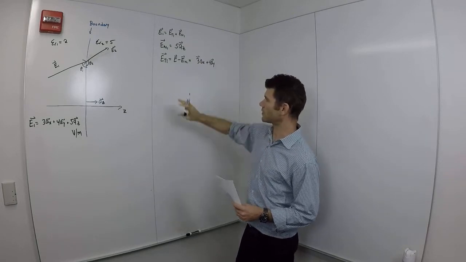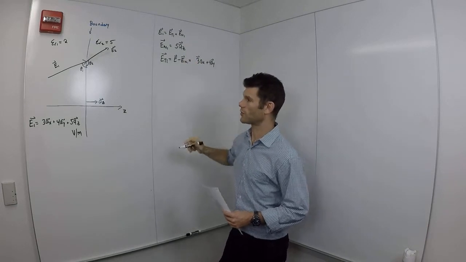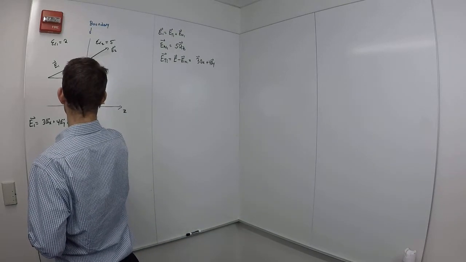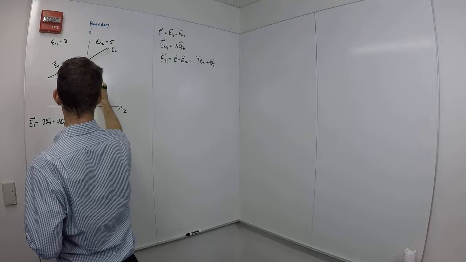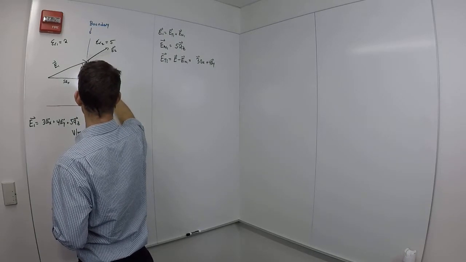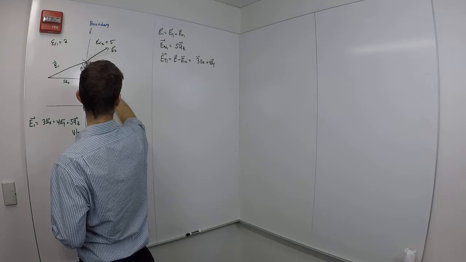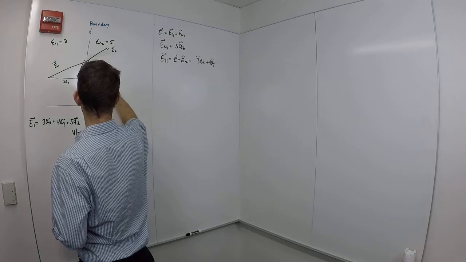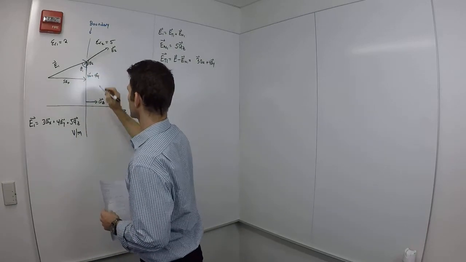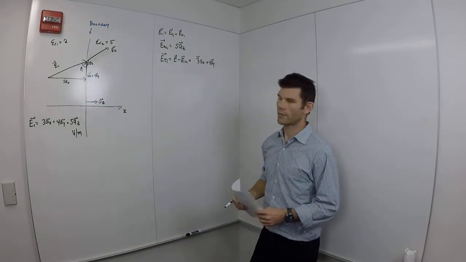So this is our tangential component, and this is our normal component. The normal component is 5AZ, and the tangential component is 3AX plus 4AY.